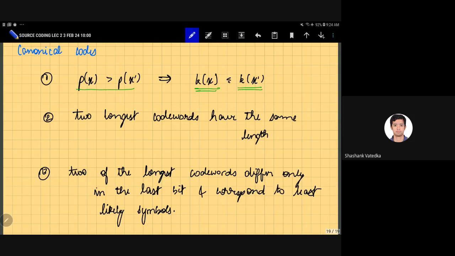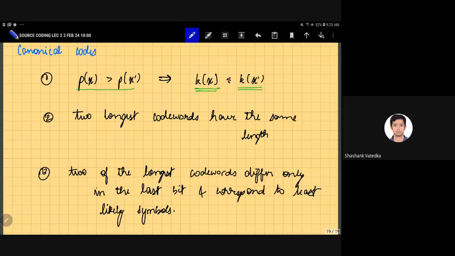Sai has an example: 0.49, 0.5, 0.49, 0.01. That's a good example. And then Ritvik has another example. I guess you meant 0.99999 and 0.00001. Certainly the code word with 0.99999 would be very small, but the other would have a very long code word. So both these examples don't satisfy property 2. So certainly the Shannon-Fano-Elias code is not canonical.